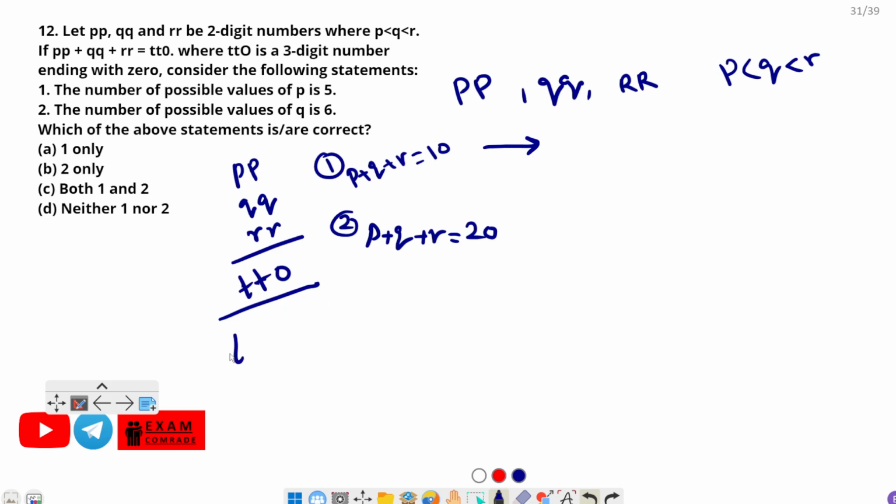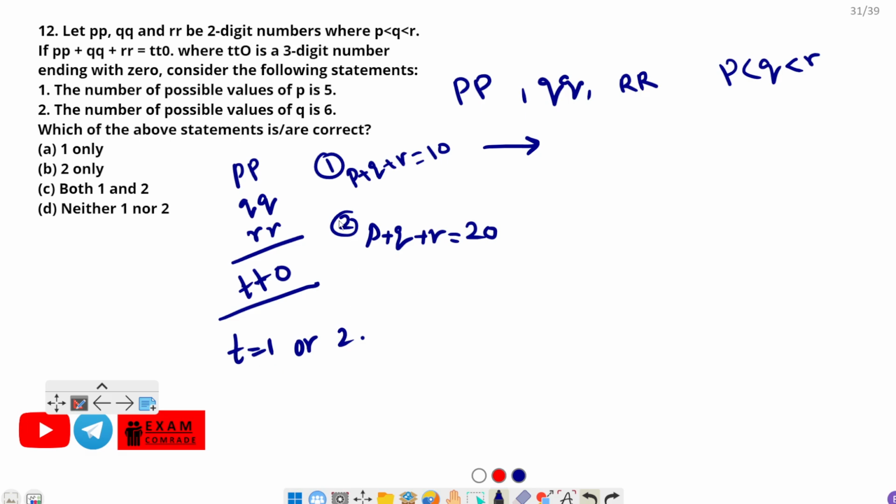T can be either 1 or 2, it cannot be more than that, because p, q, r are single digits, so their sum cannot be more than 30. So either t is equal to 1 or t is equal to 2 is the only possible case.